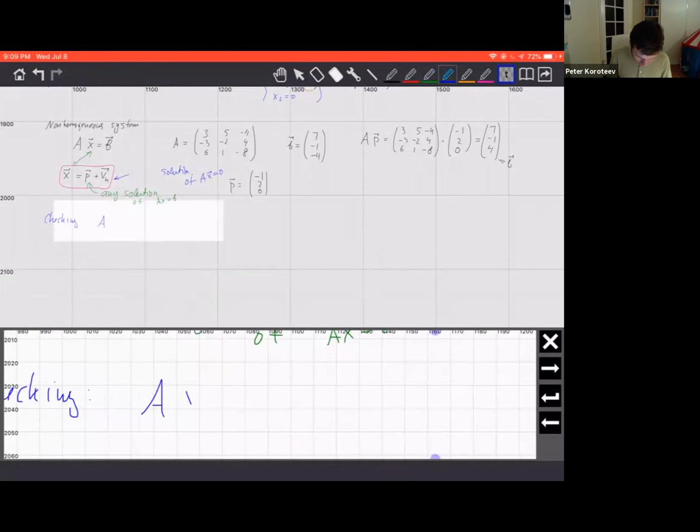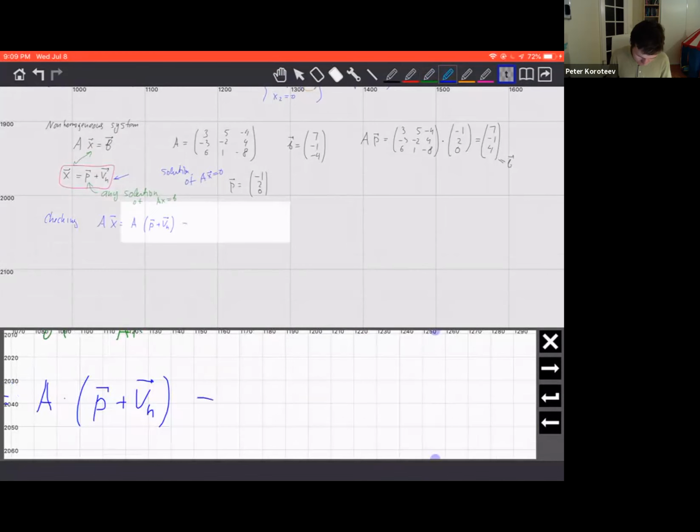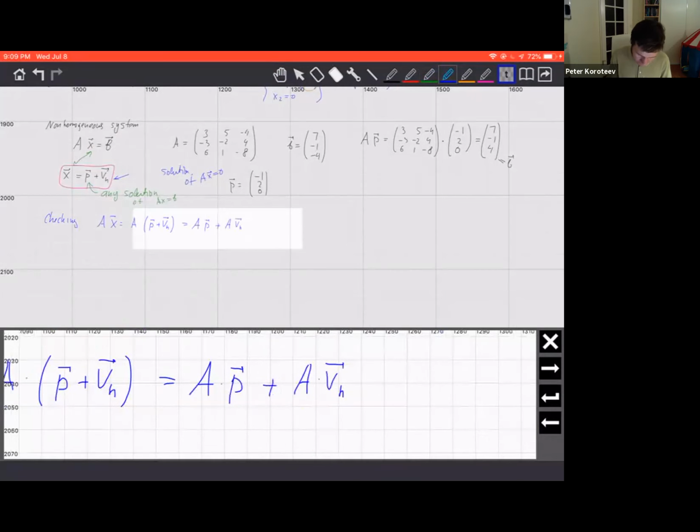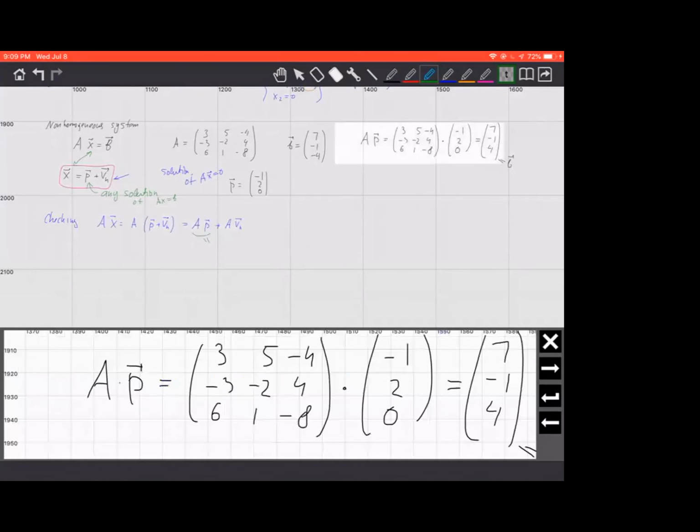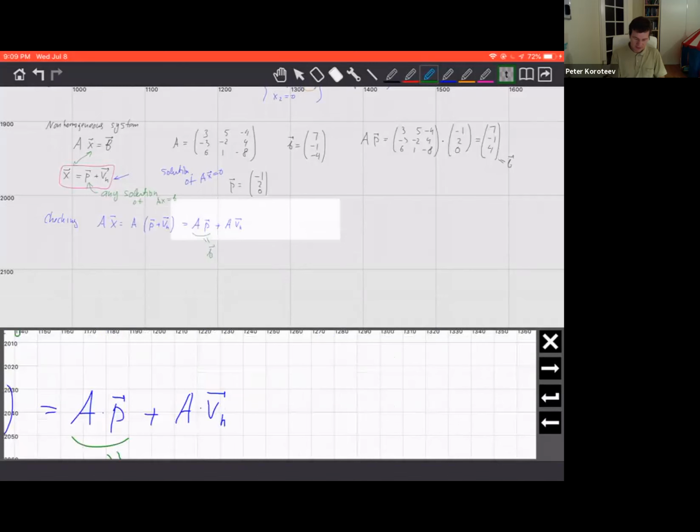AX is equal to A multiplied by P plus VH, which is equal to A multiplied by P plus A times VH. What is A times P equal to? We just calculated it: it's B. What's A times VH equal to? Remember what VH was.